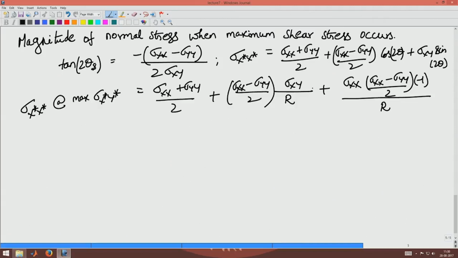You can see that these two terms cancel, and hence it is (sigma xx plus sigma yy) by 2. Okay.